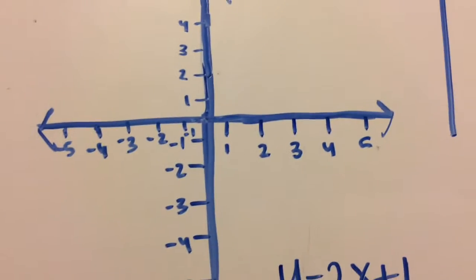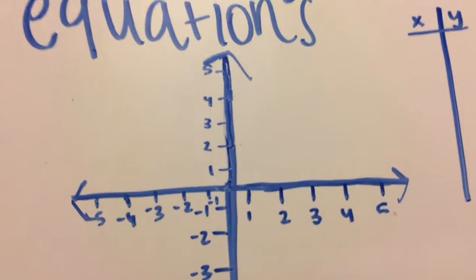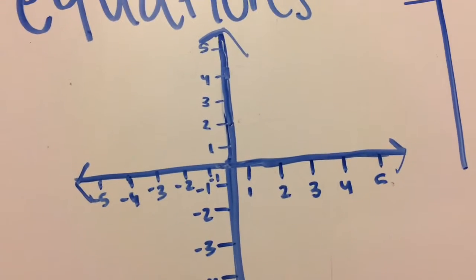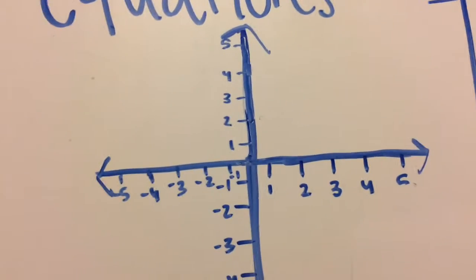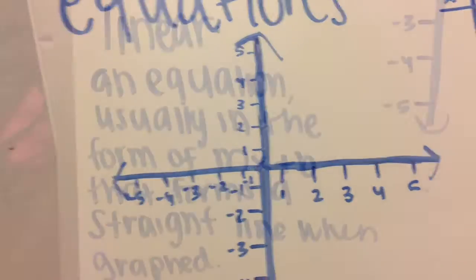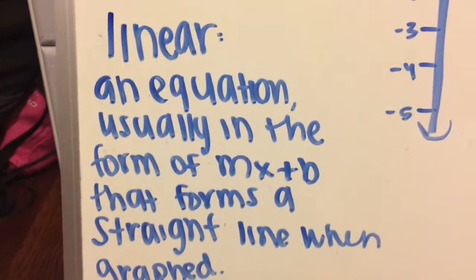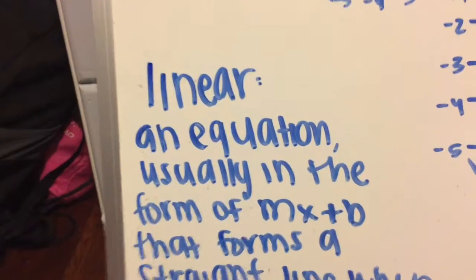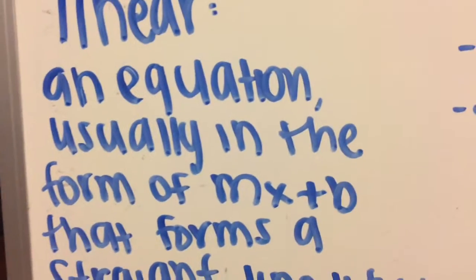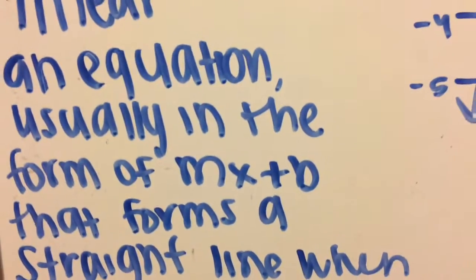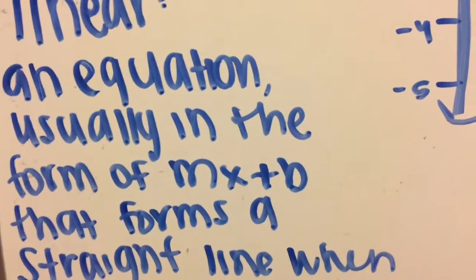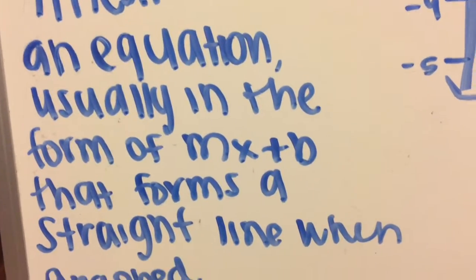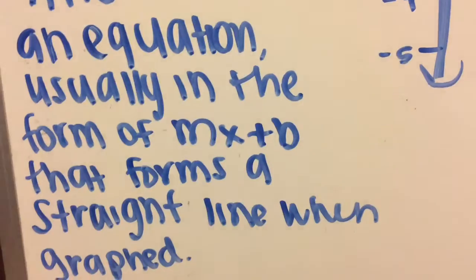So I hope that you guys have seen this type of graph before, because you will definitely use it a lot when you graph linear equations. So a definition that I sort of made up actually is an equation, usually in the form of mx plus b, or y equals mx plus b, that forms a straight line when graphed.